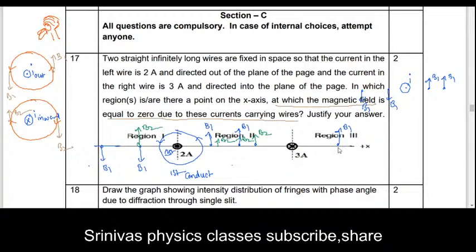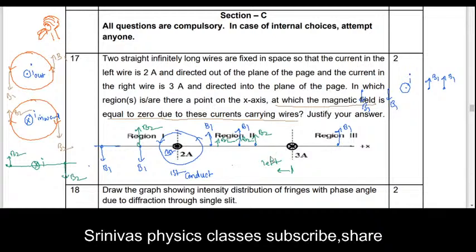On the left side, left side upward for B2. Why? You see this cross, the current is into the page, which means the left side field will be upward and the right side field will be downward.